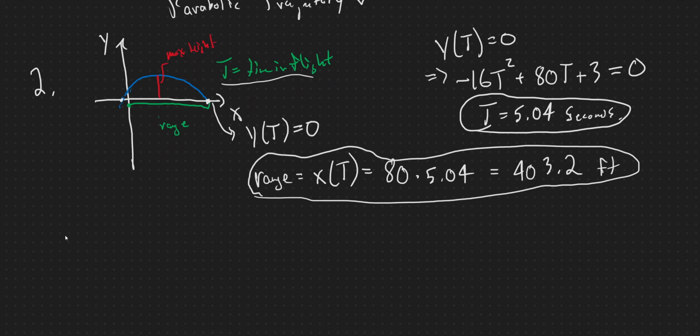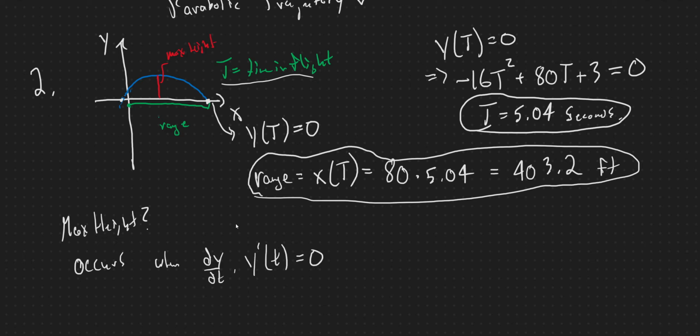So I'm going to say here, max height occurs when dy/dt, or y prime of t, is equal to 0.